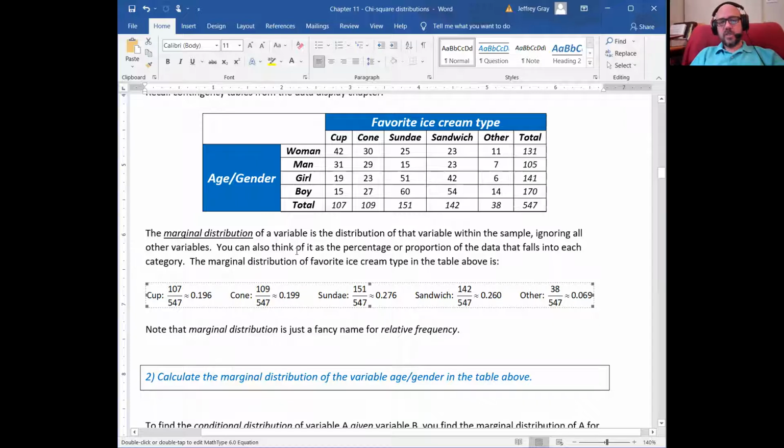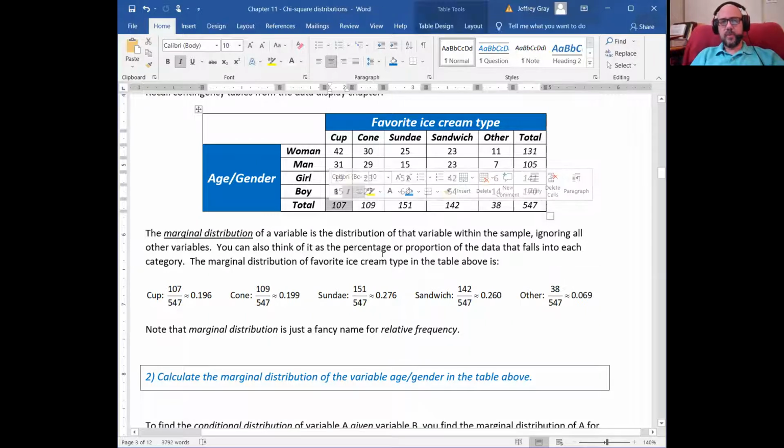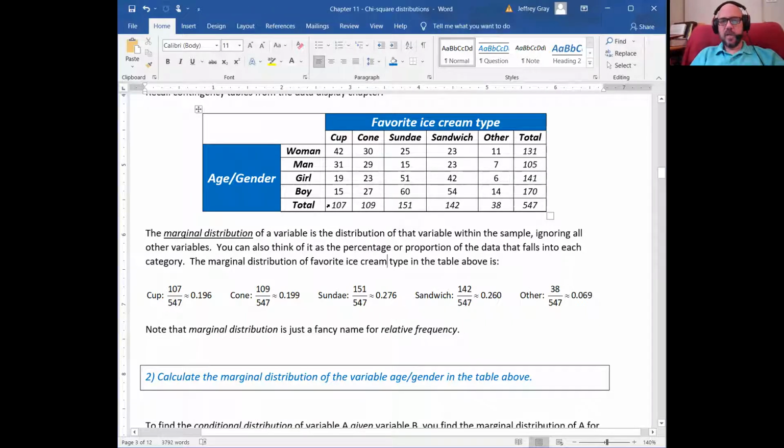So if the population preference for ice cream in a cup is 107 out of 547, well, that's my expected percentage for the women. And it's also my expected percentage for the men and the girls and the boys, right? It's the same expected percentage for everybody because it's the overall expected percentage for the population, if all of the strata have the same population distribution.